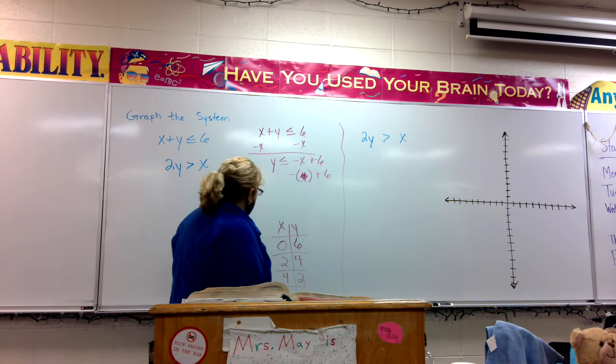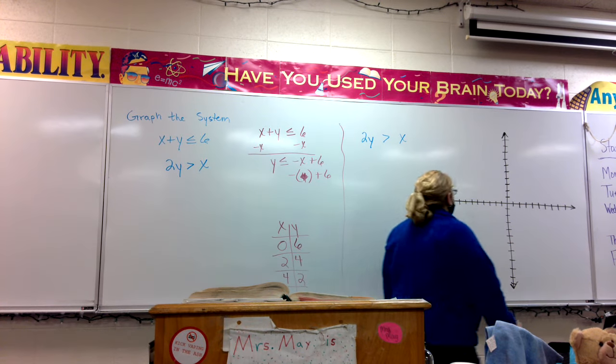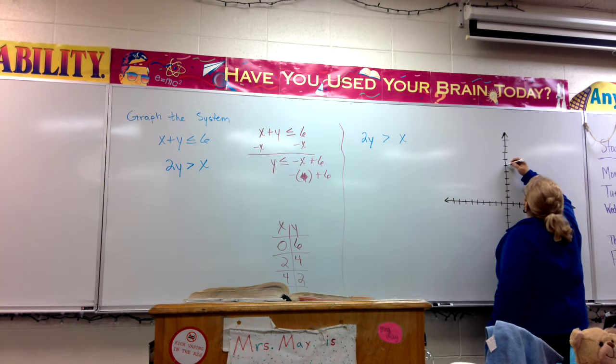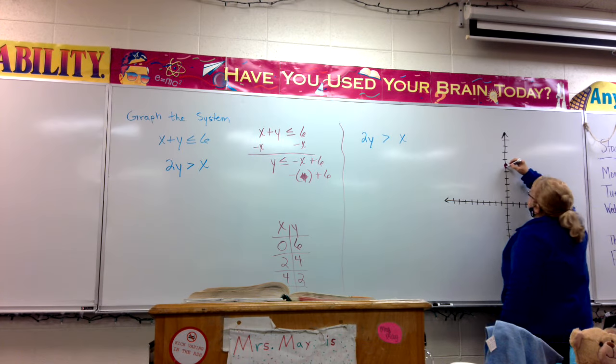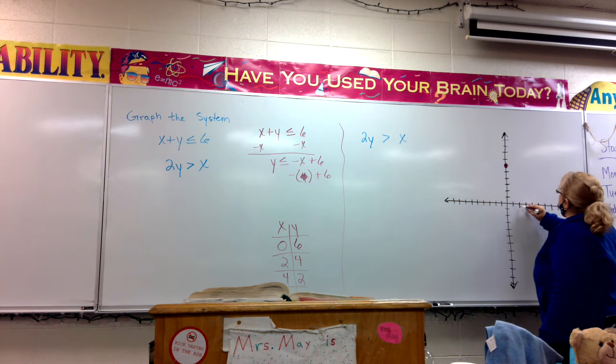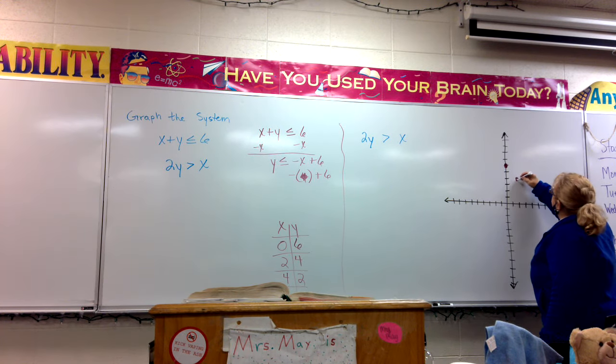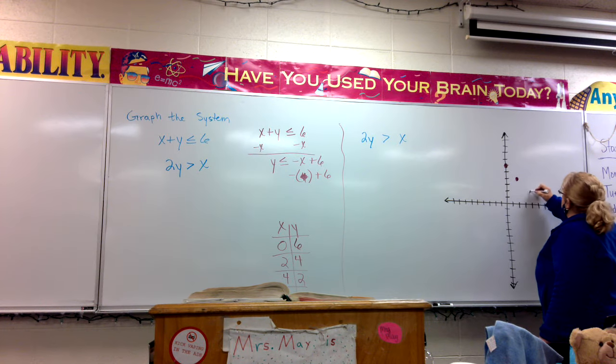So I'm going to go plot my points. 0, 6: up 1, 2, 3, 4, 5, 6. Then I have 2, 4: 2 over, 4 up. And then 4 over and 2 up.